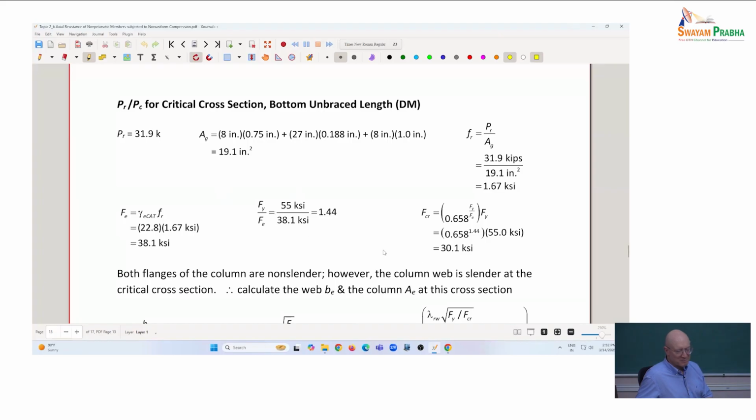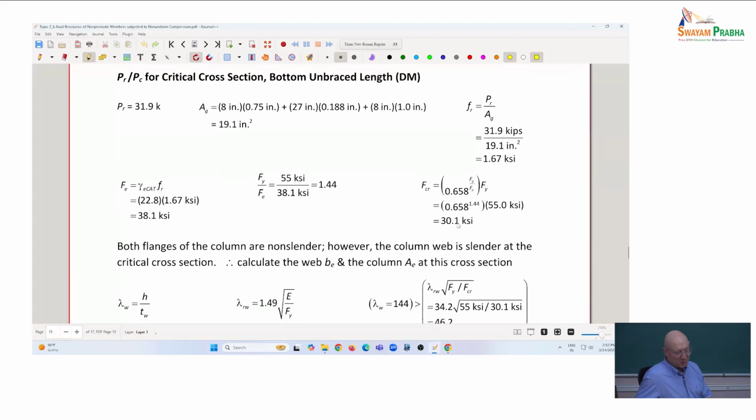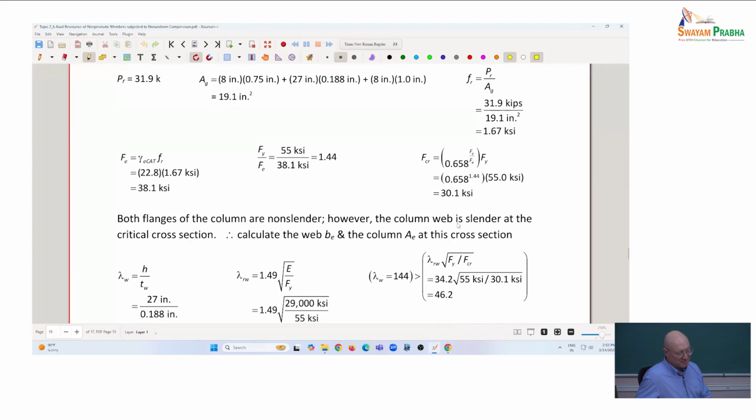With Fy over Fe, the column strength stress is Fy times 0.658 to the Fy over Fe power. That's 30.1 ksi.